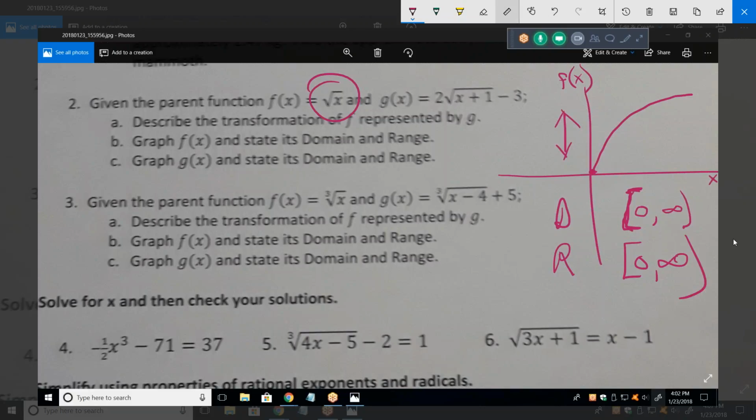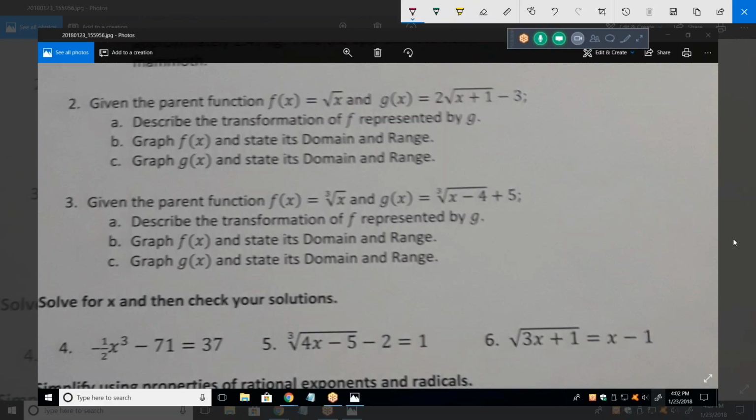Okay, now let's look at g of x. And this time, let's not look at the graph of it to figure it out. Okay.